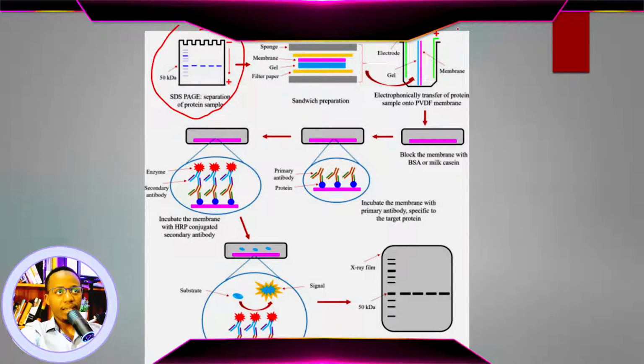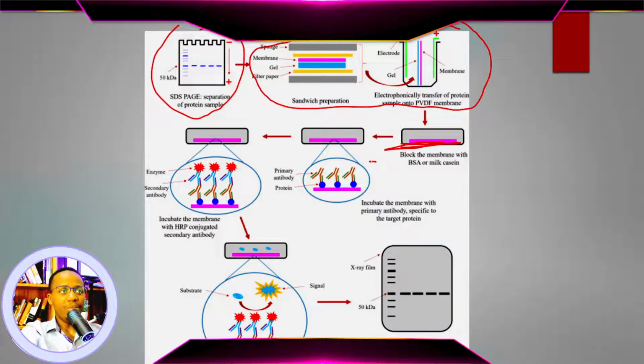So this is the transfer process. You don't have to know too many details about this, but you transfer your sample. So this is the membrane, and then you're going to add, because the Western blot is an immuno technique versus Northern and Southern blot.